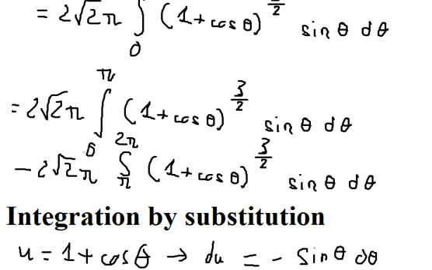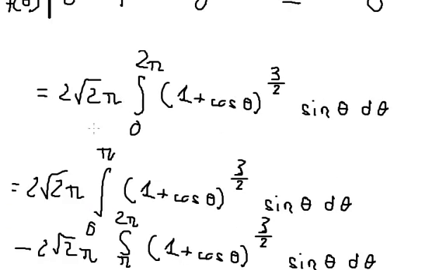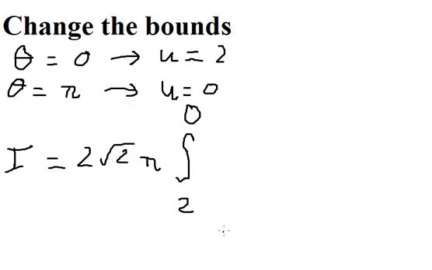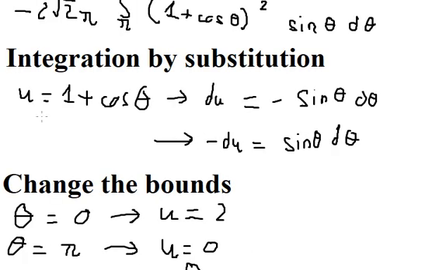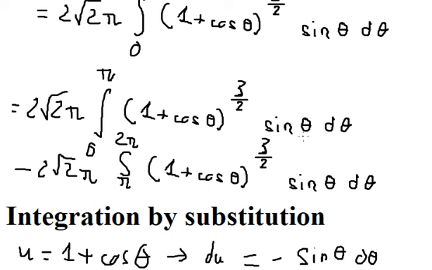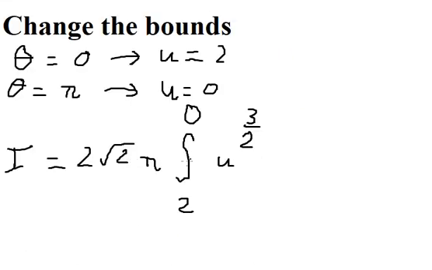So number 0 we change to number 2, and π we change to 0. 1 plus cosine theta we change to u. So sine theta d theta we change to negative du.